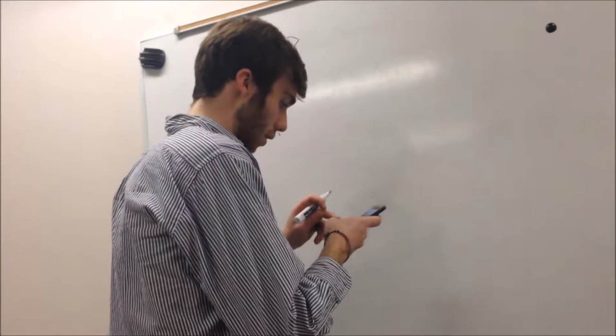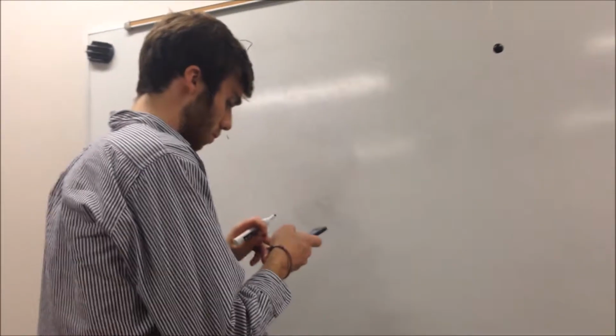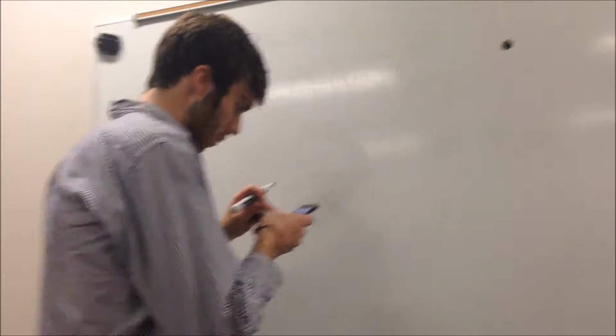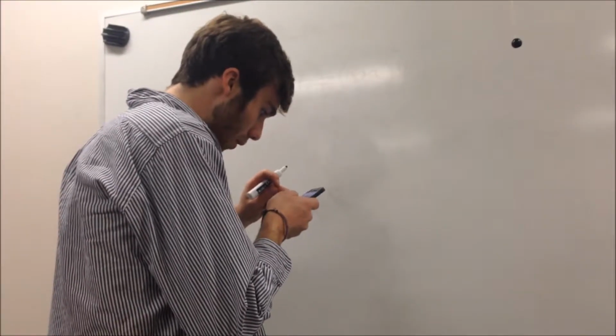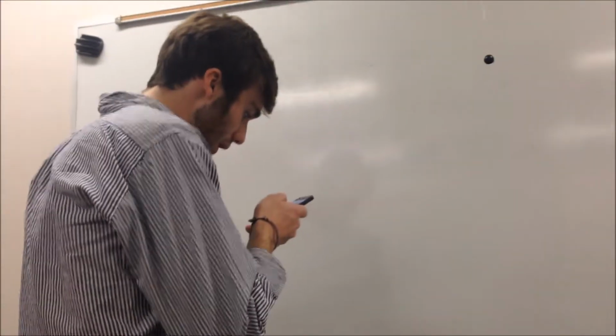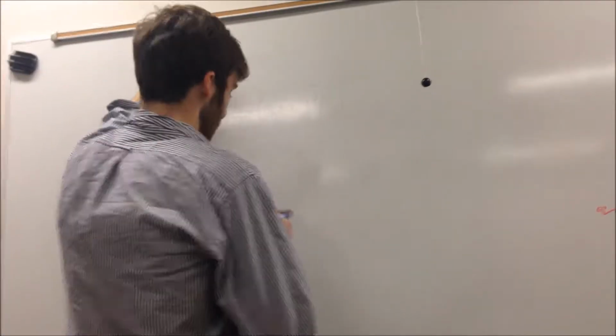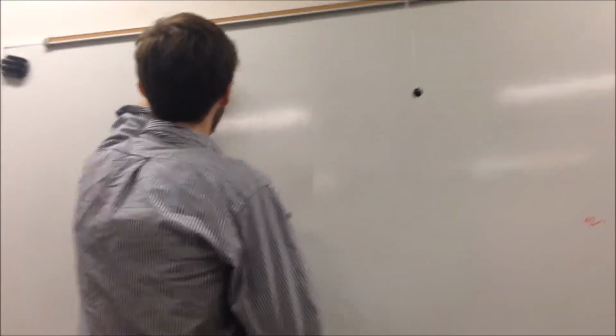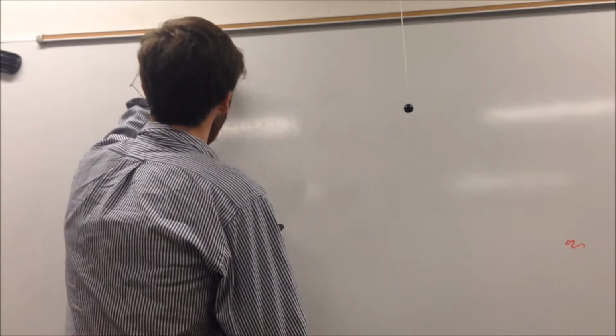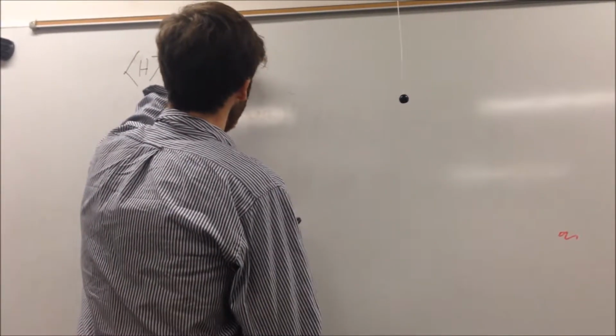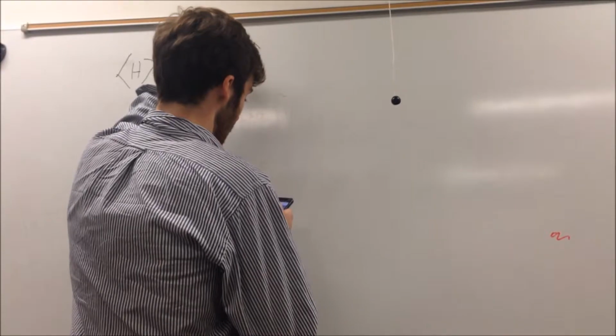So the Hamiltonian in terms of the operators is equal to h bar w times a plus a minus plus 1/2.